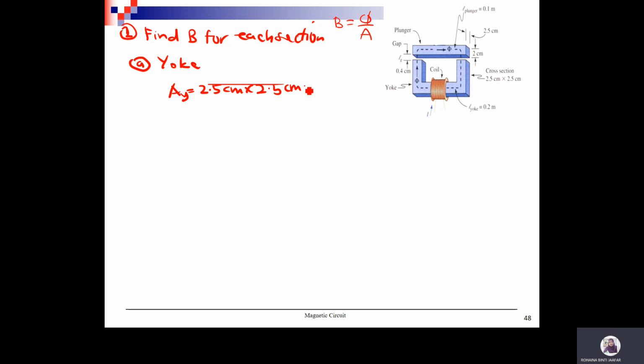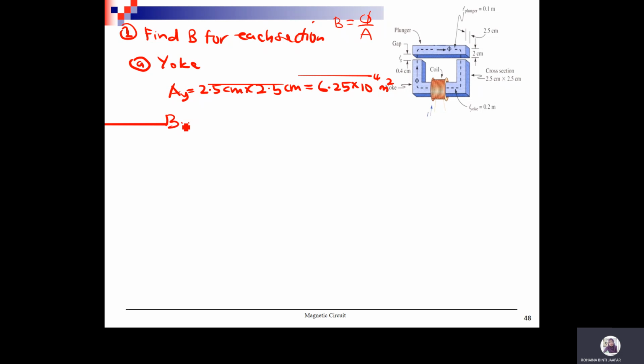You have to convert this to SI unit, meter, so you will get 6.25 times 10 power of minus 4 m squared. Once you get the area, you can find B.